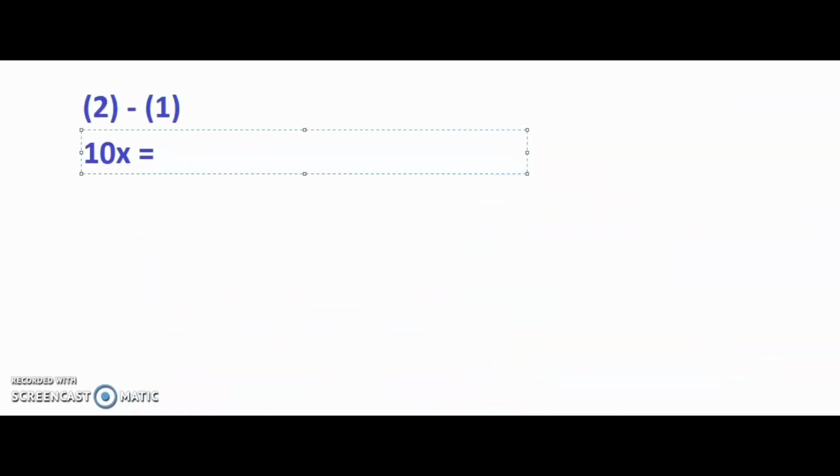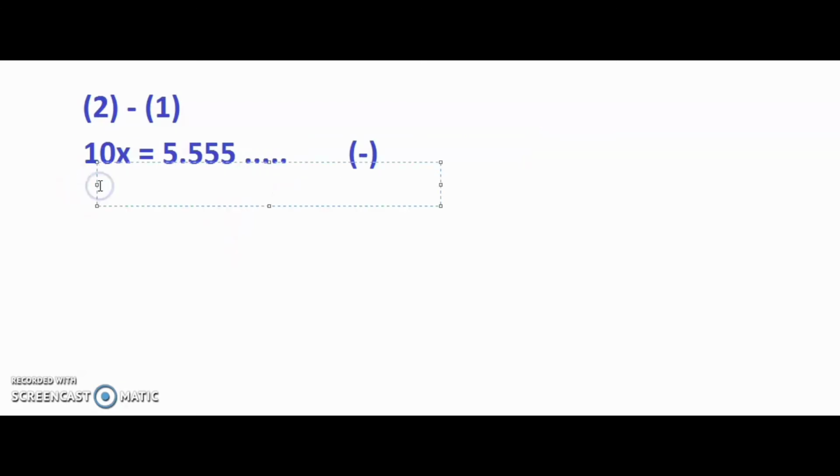Let us subtract. Write the second equation, 10x is equal to 5.555, etc., minus the first equation. First equation is x is equal to 0.555, etc. See how we are writing exactly down of x, we are writing the next x also.